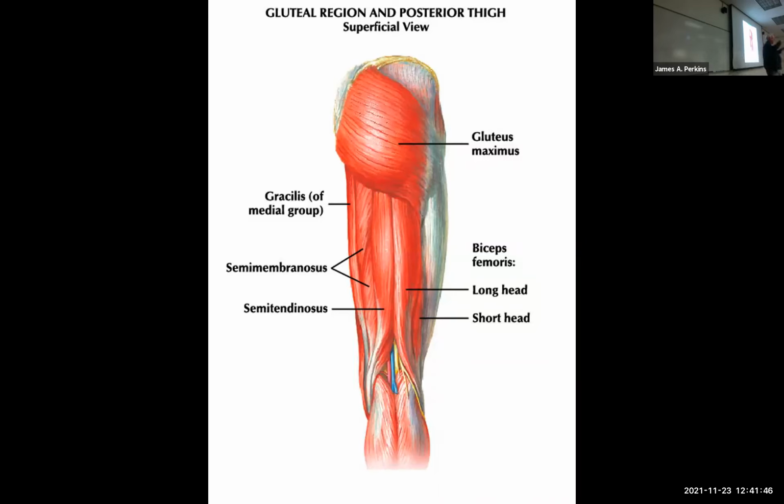So gluteus maximus is the primary extensor of the hip, which means that extension motion is really important for things like walking and running. You plant your foot and then you extend the hip joint, you bring the thigh posteriorly, and that drives the body forward. So it's mainly the gluteus maximus that's driving that hip posteriorly and therefore driving the body forward.